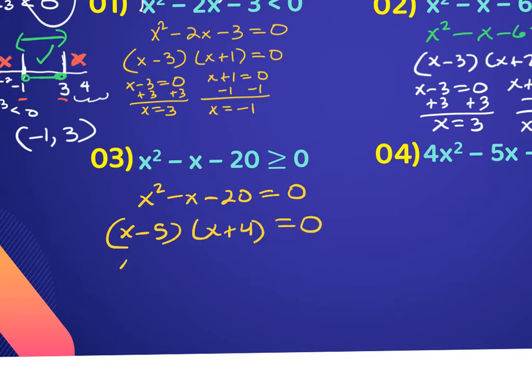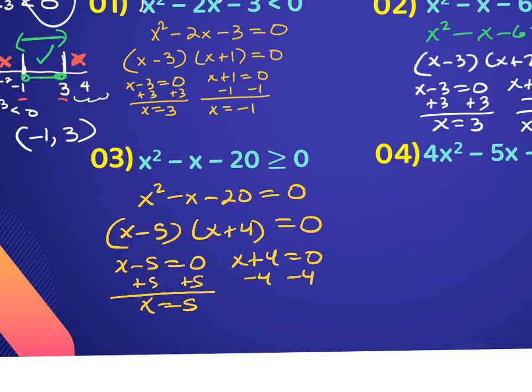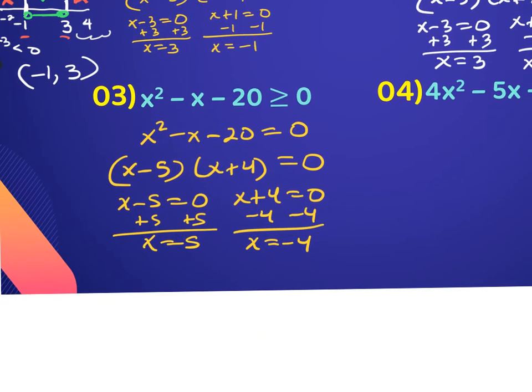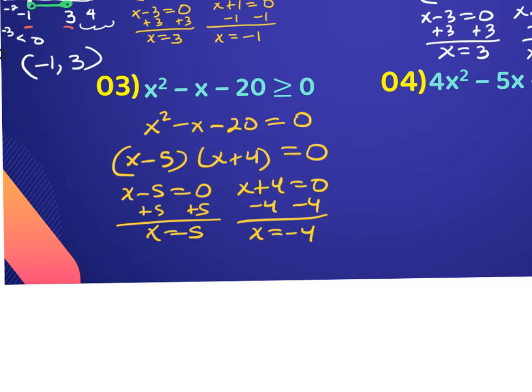Set each of the factors equal to 0. Add 5. Subtract 4. Add these two numbers to your number line. This is how it's going to divide it up. So I have -4 first, +5 second.